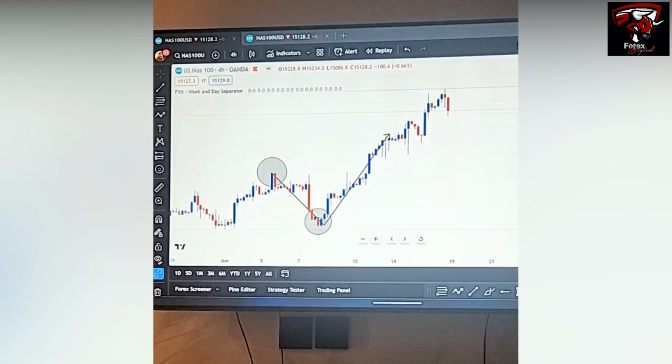I sold low, but price still took me out, right? I sold high, right? Everybody's teaching me to sell at my level of resistance. I sold here, price took me out. What's happening? It's just the way the market works.